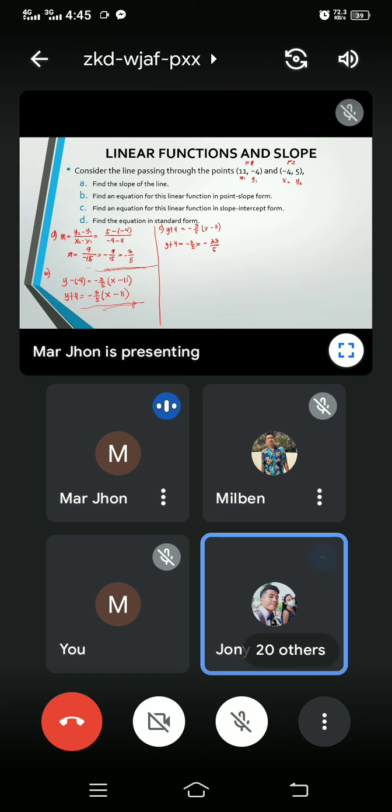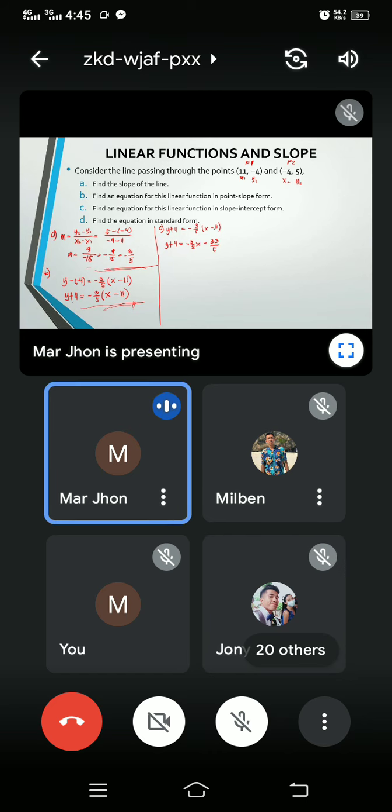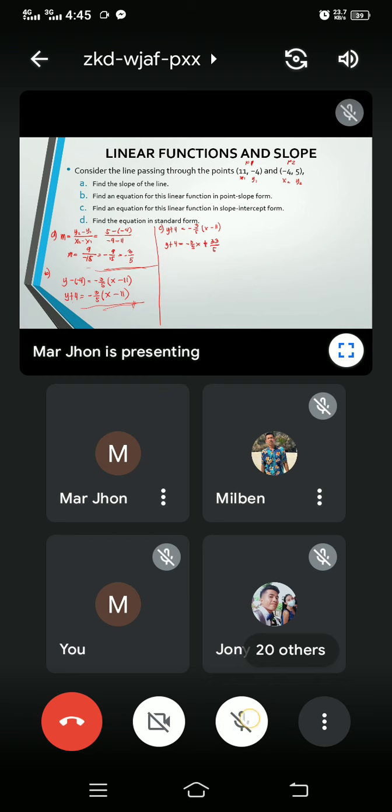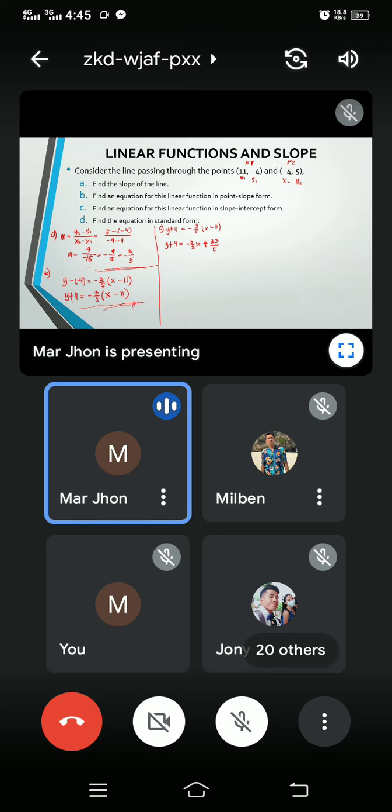Negative 3/5 times negative 11. So, kung mag-multiply ka, numerator times numerator, denominator times denominator.